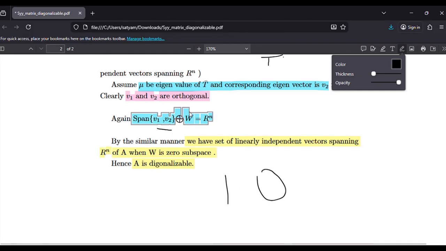When W becomes 0, the span of V1, V2, up to Vk is equal to Rn; it will go up to Vn. So we get n linearly independent vectors whose span is Rn, and all these vectors are eigenvectors. Hence we have shown that A is diagonalizable.